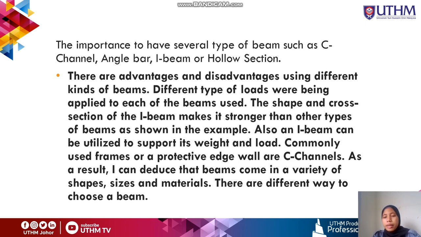Also, an I-beam can be utilized to support its weight and load. Commonly used in frames or protective edge walls, RC channels. As a result, I can deduce that beams come in a variety of shapes, sizes, and materials. There are different ways to choose a beam.